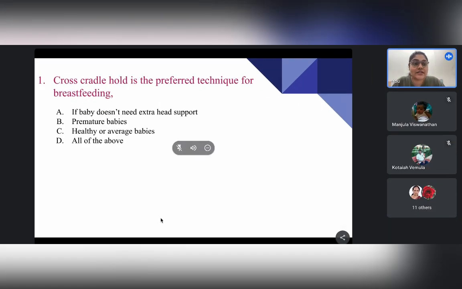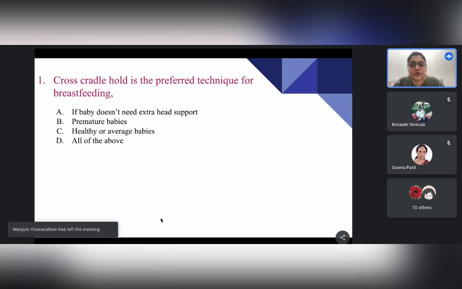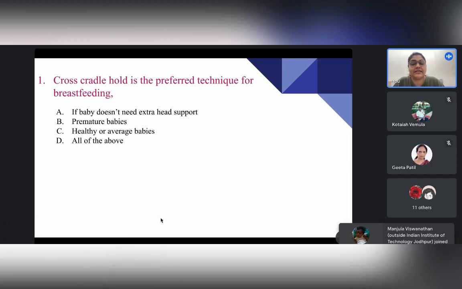The first question says, cross cradle hold is the preferred technique for breastfeeding. Option 1, if baby doesn't need extra head support; 2, in premature babies; 3, in healthy or average babies; and D, all of the above. So what do you think is the answer?